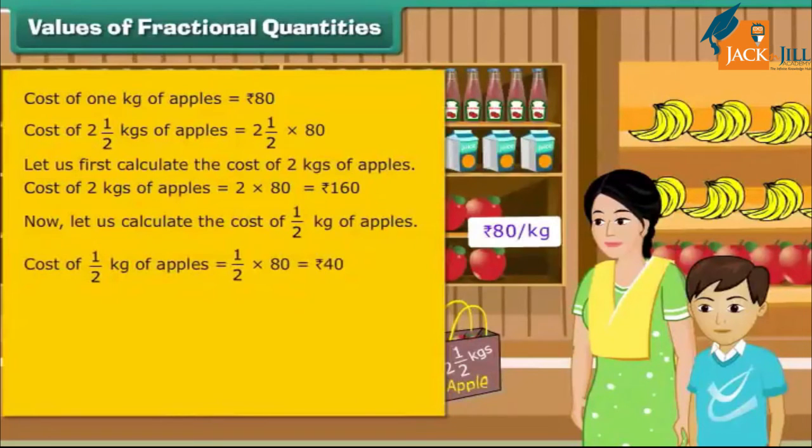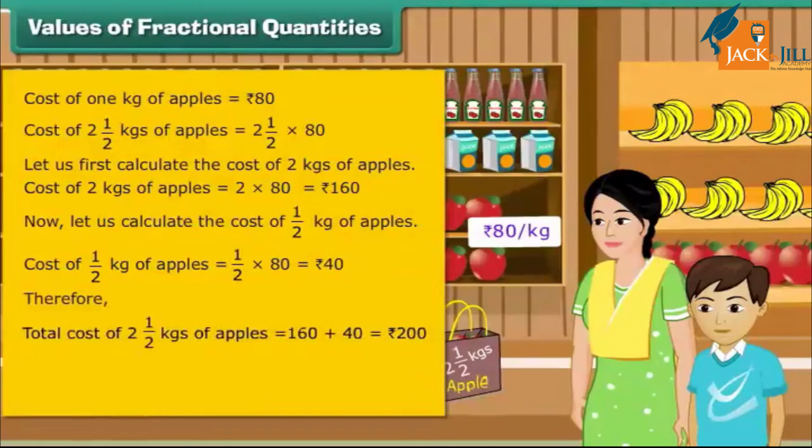Cost of half kg of apples is equal to 1/2 multiplied by 80, which is equal to rupees 40. Therefore, total cost of 2.5 kgs of apples is equal to 160 plus 40, which is equal to rupees 200. Rishabh's mother paid rupees 200 for 2.5 kgs of apples.